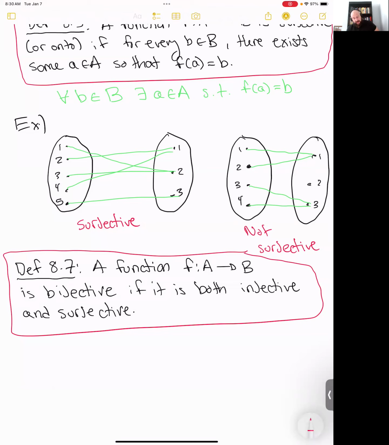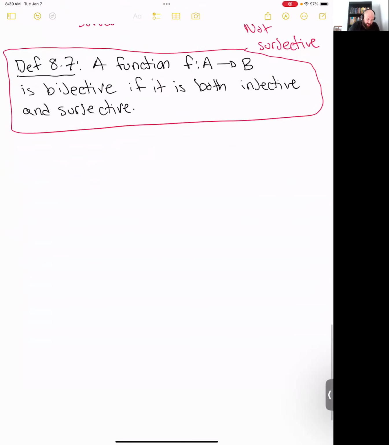And if they're finite sets, then literally, if the domain has 4 elements and it's a bijection, then the codomain will have to have 4 elements. But it'll be very important for defining sizes of infinite sets as well, where we don't really have a good notion of what the size of an infinite set is until we introduce bijections. Okay, so let's look at an example of something that is a bijection.